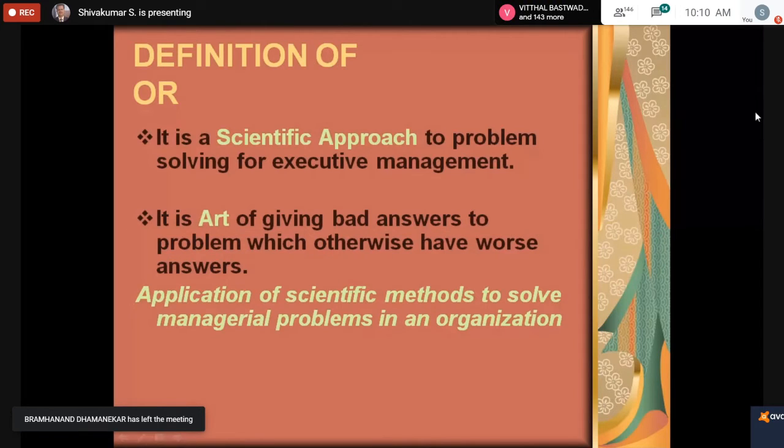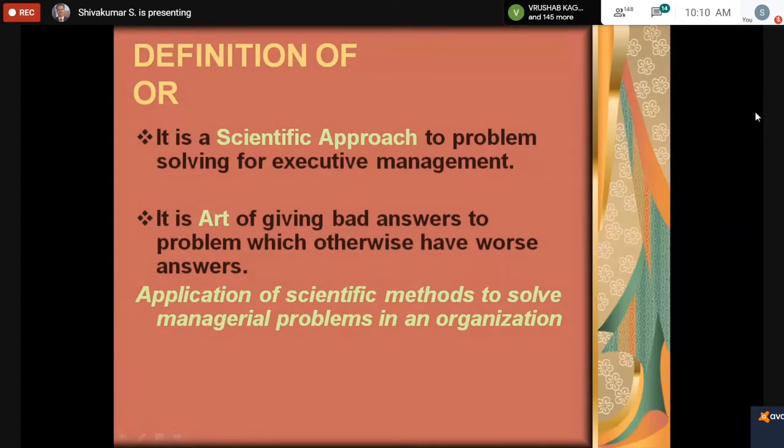You can say one more definition: it is an art of giving bad answers to problems which otherwise have worse answers. It is basically talking about optimization. We're expecting that the solution may be worse, but trying to minimize the worst condition, you're going to get some bad answers. So we can say that bad is better than worse, worse is better than worst. That's why it's an art of giving bad answers to problems, otherwise it becomes worst.